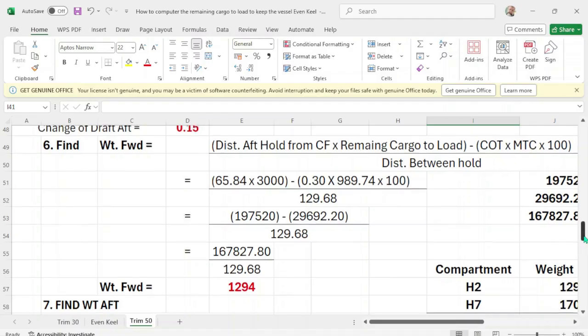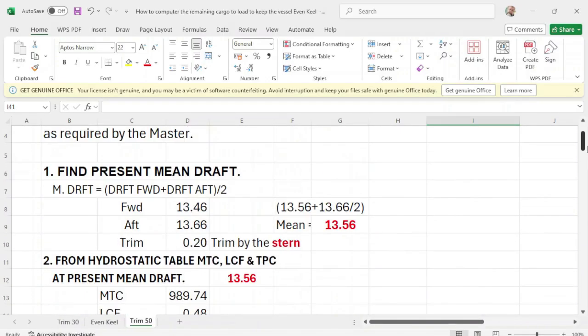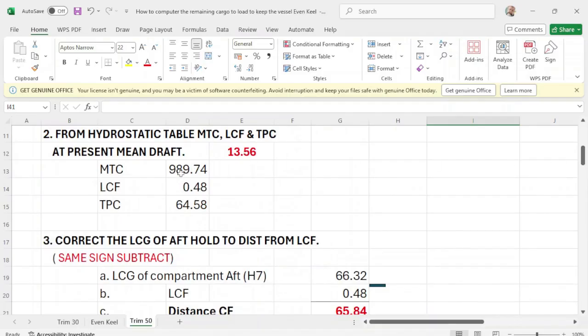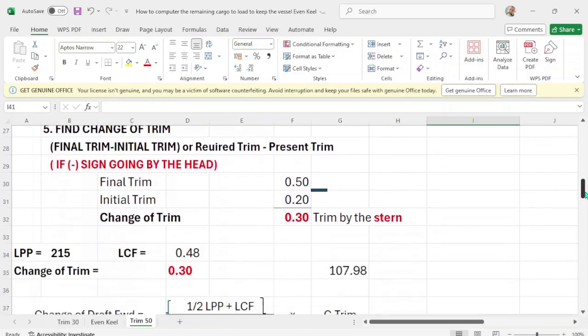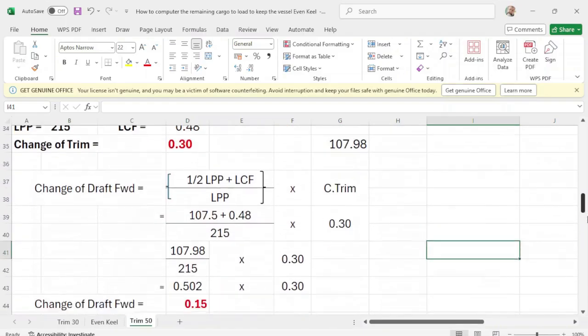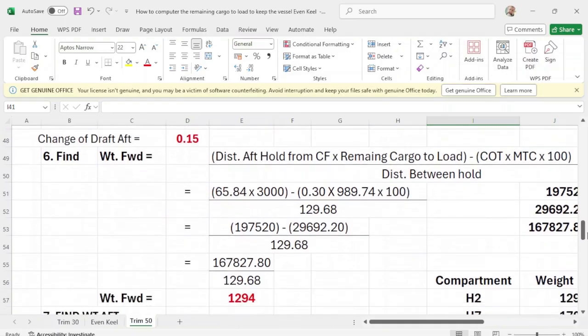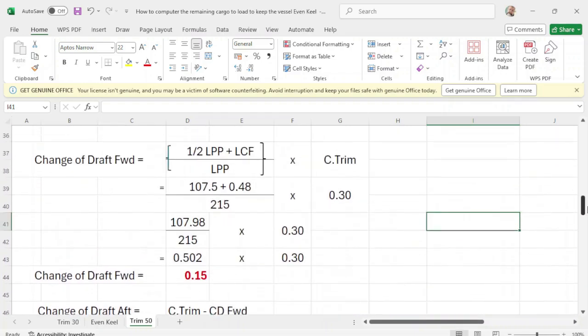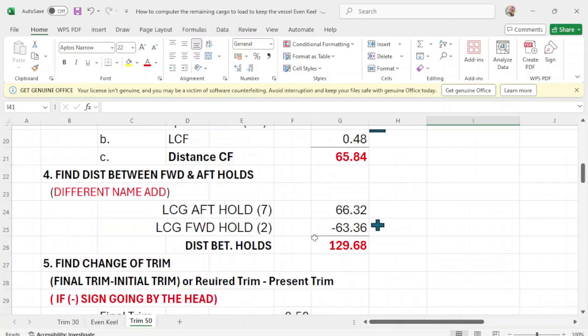So what is your MTC? MTC is 989.74. 989.74 times 100, okay, over the distance between two holds. So the distance between two holds is 12968.